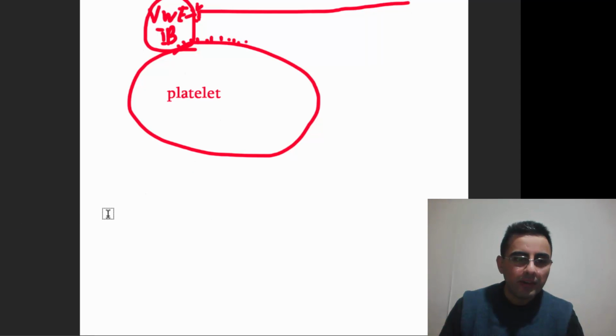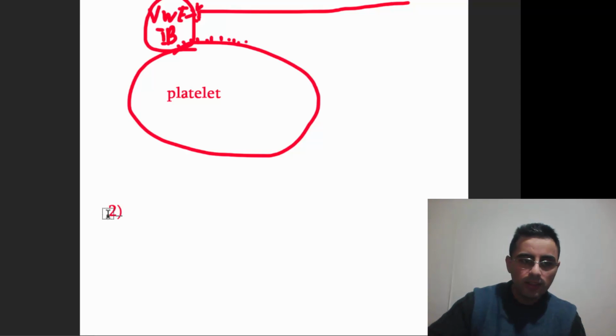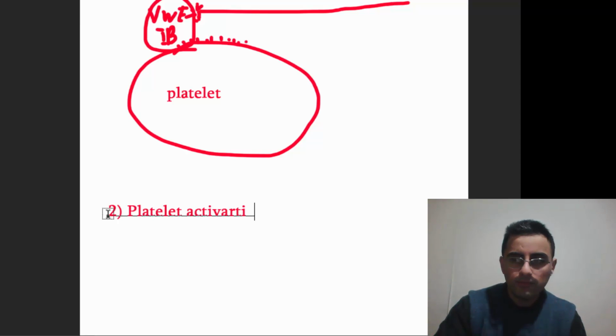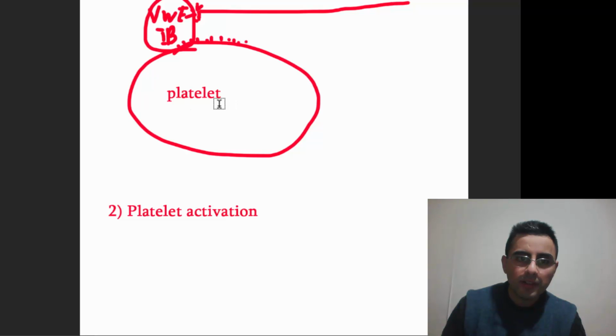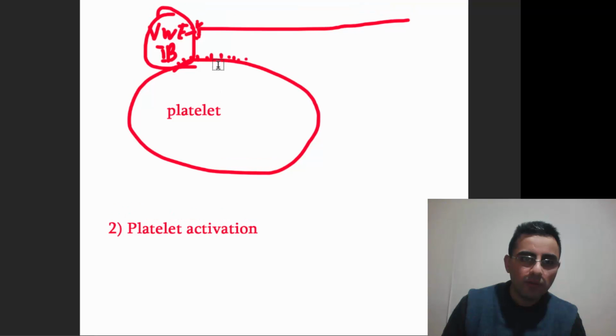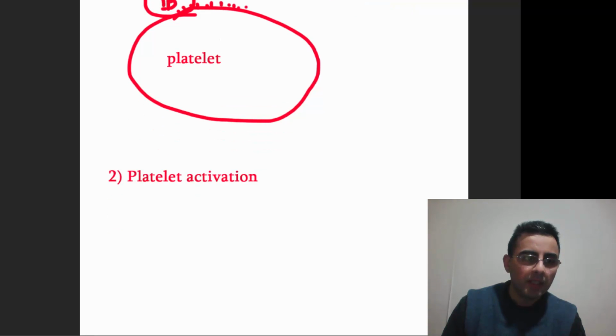And there is the second step, platelet activation. Platelet activation begins after adhesion of platelets to the damaged area.